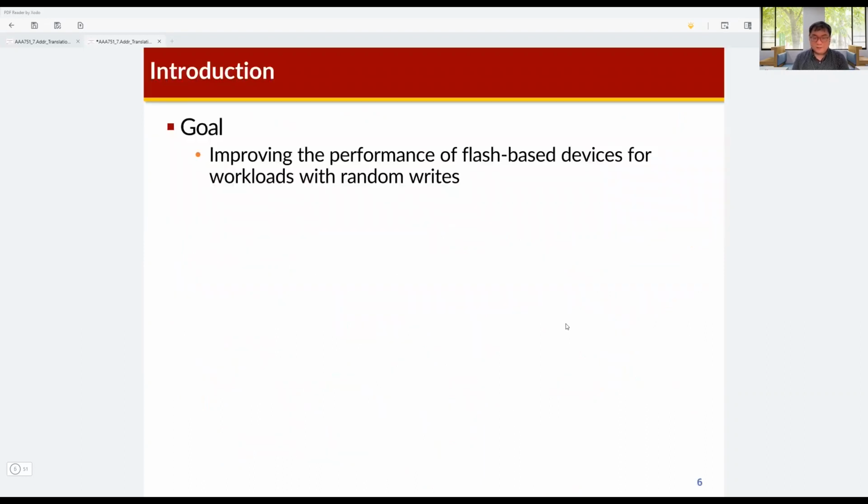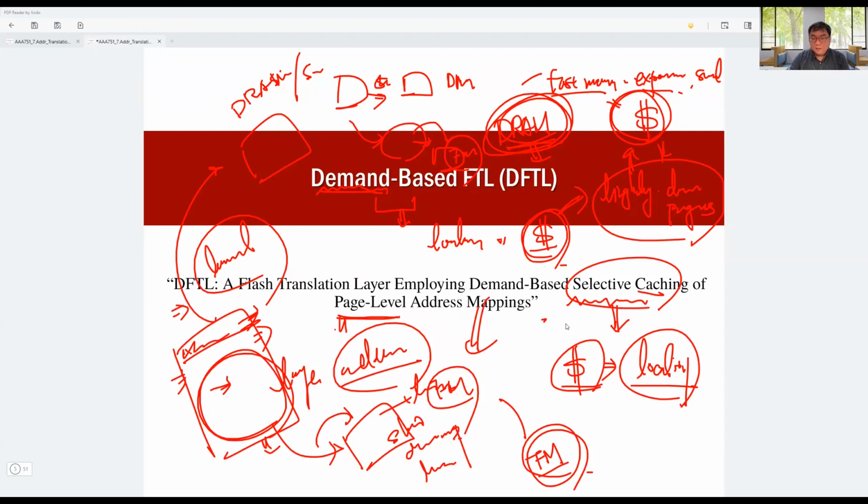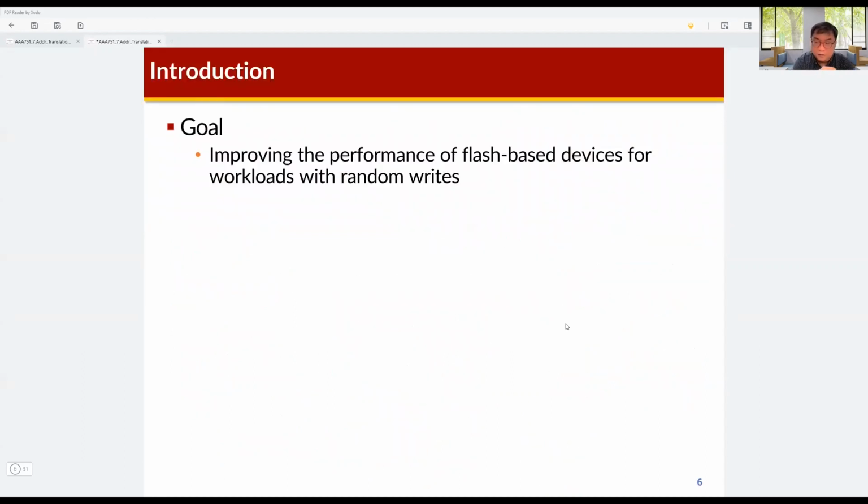Okay. So let's see this paper. So we already know that the page level mapping is good for random writes. So in order to support this random write, we learned about the hybrid mapping called FAST. But we already know that this mechanism is not easy.